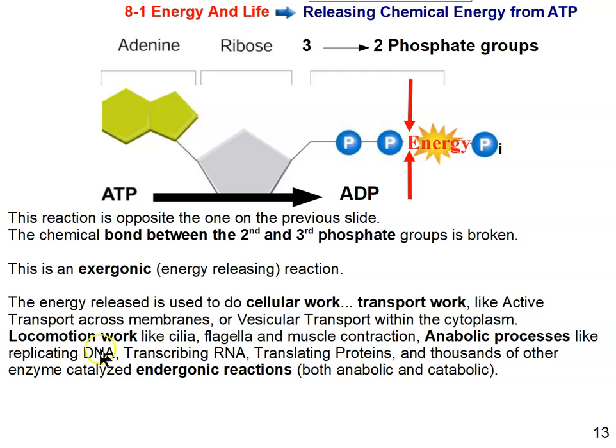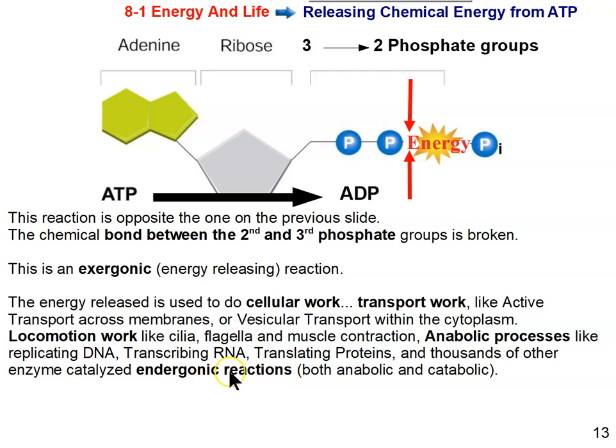So, replicating DNA, we're building DNA, and transcribing RNA, we're building RNA and translating proteins, and all of it requires ATP, even though when we were studying that, we didn't see ATP in any of the diagrams. But I'm telling you now, it requires ATP in order to carry out these processes. And thousands of other enzyme-catalyzed endergonic reactions.